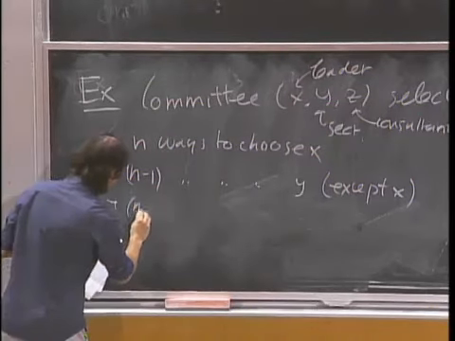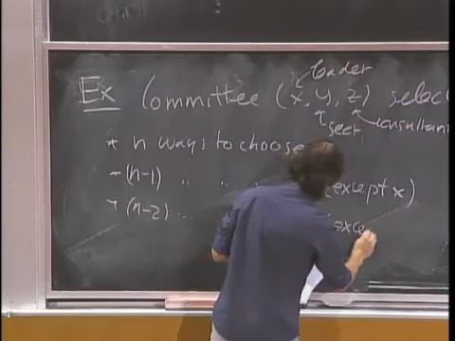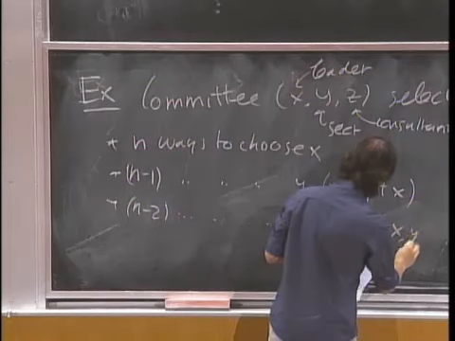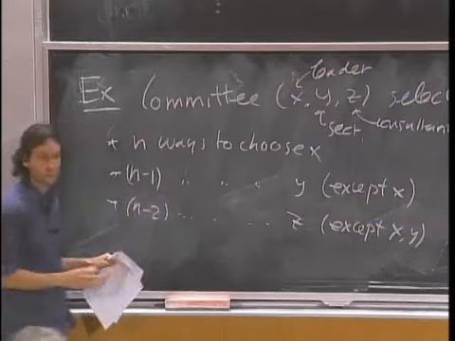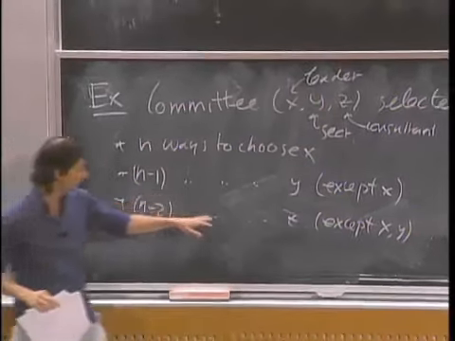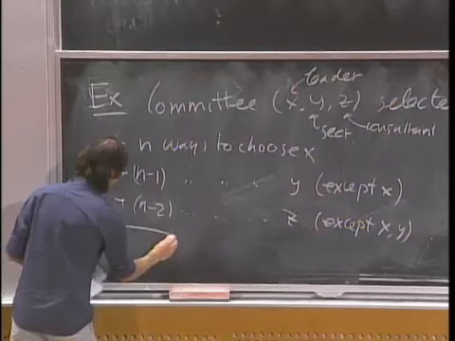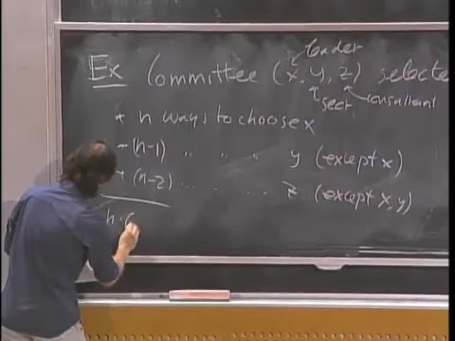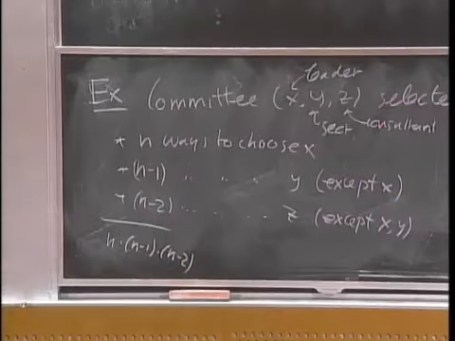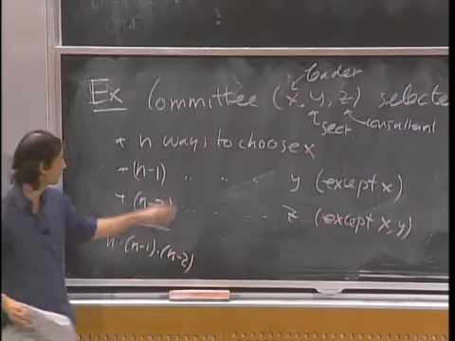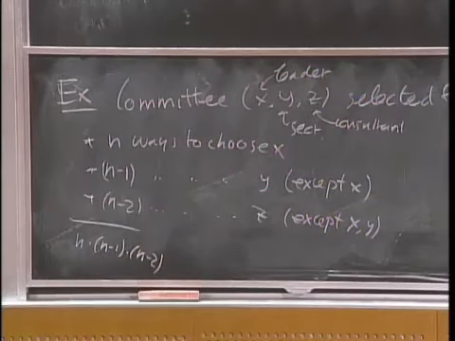And then I will have n-2 ways to choose z, except x and y. And so for each x, I have only n-1 ways to choose y. For each x and y, I have only n-2 ways to choose z. So if I multiply all this together, I get n times n-1 times n-2. This is the total number of possible committees that I can select from an n-member set of people.